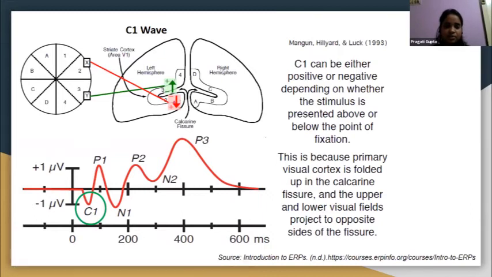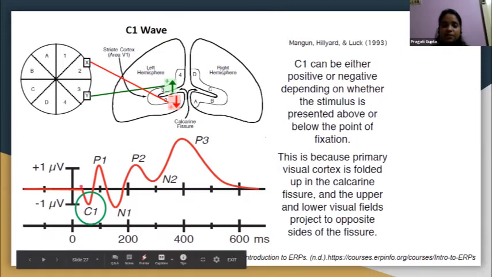The upper visual field has negative polarity, and the lower visual field has positive polarity. So when the stimulus is in the upper visual field, we see a negative deflection, and only then can we distinguish the C1 from P1.